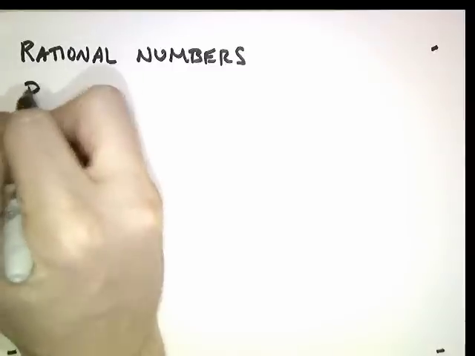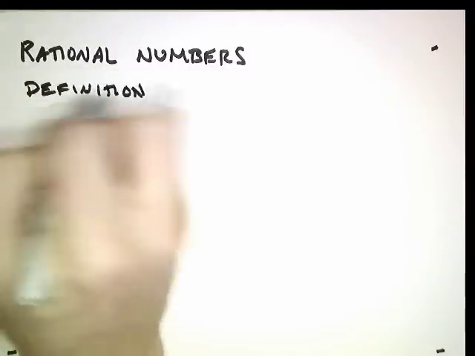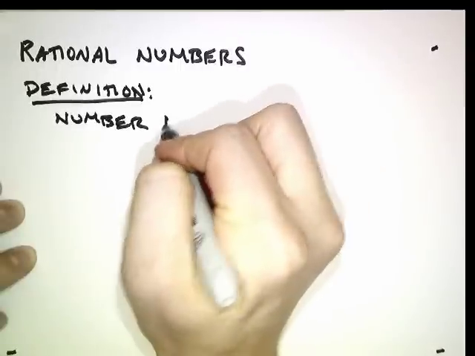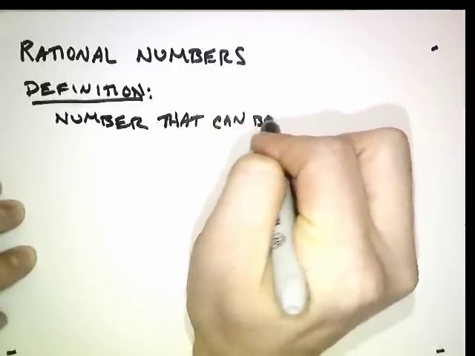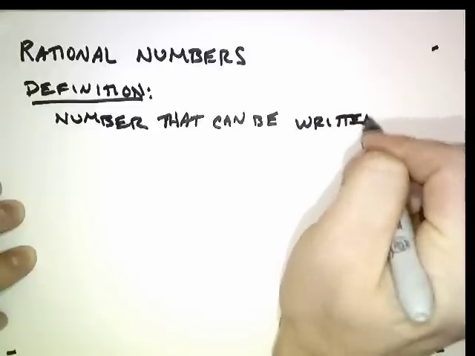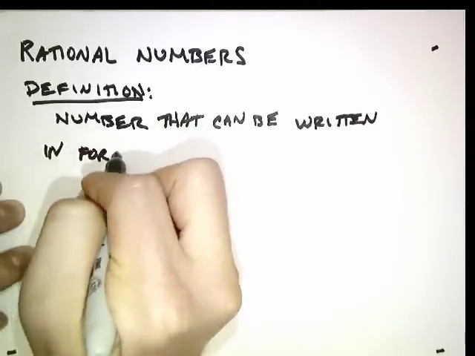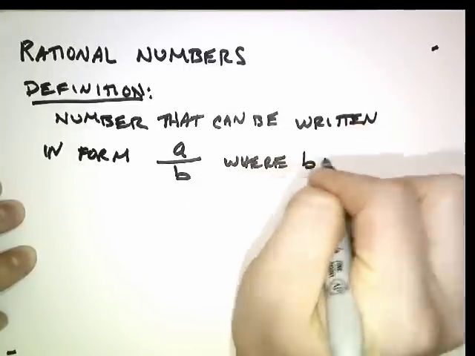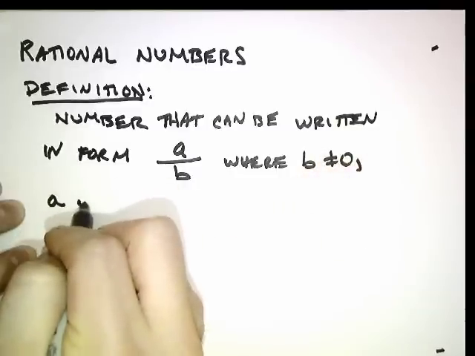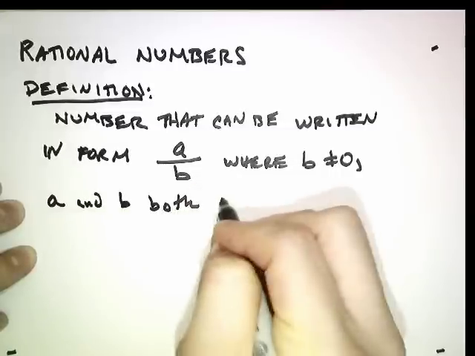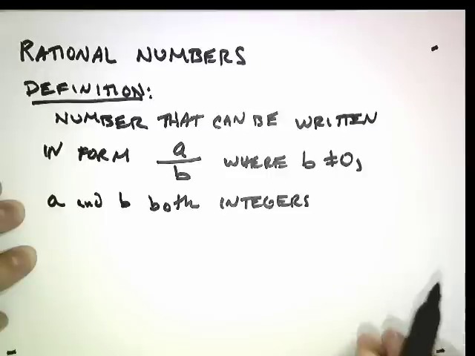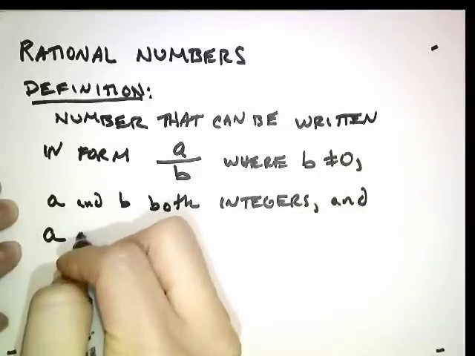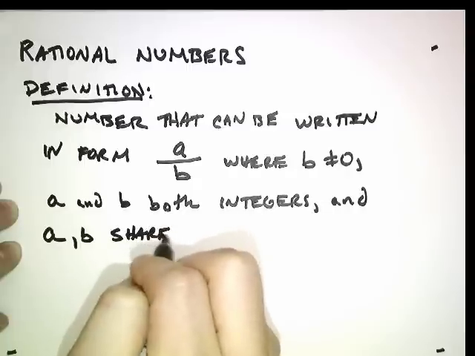So a rational number, here's the definition, is a number that can be written in the form a over b, where b is non-zero, a and b are both integers, and a and b have no common factors. So a and b share no common factors.